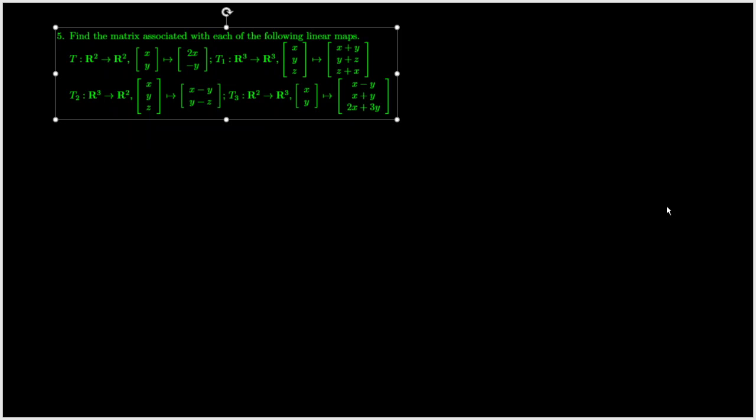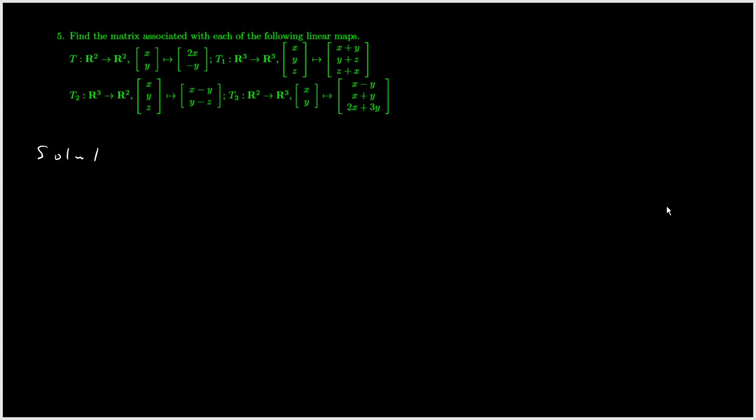But before that, we're doing the question first. Now the solution. Now let's work on question T first. In T, on this line, I guess you know what I mean.